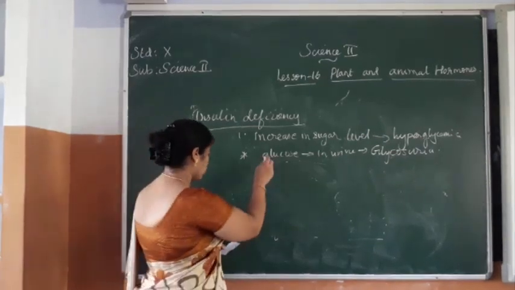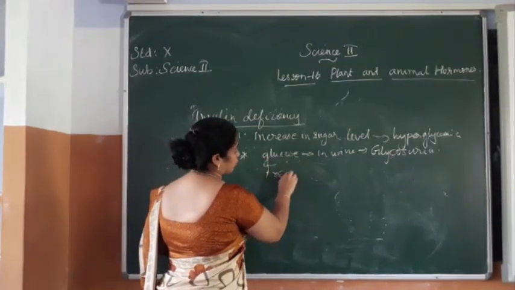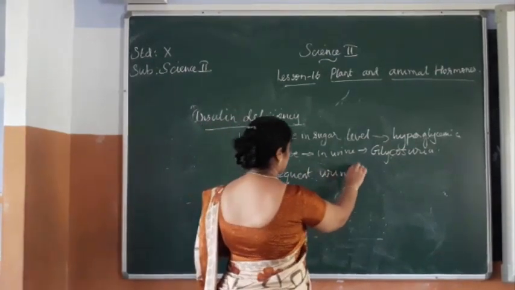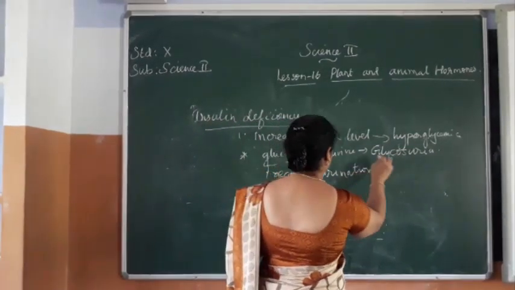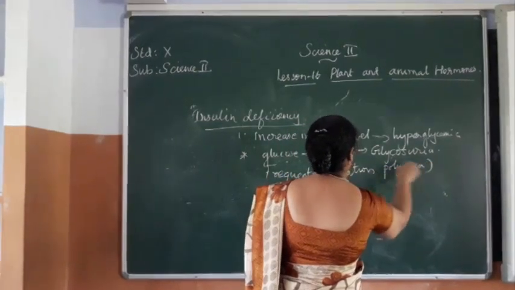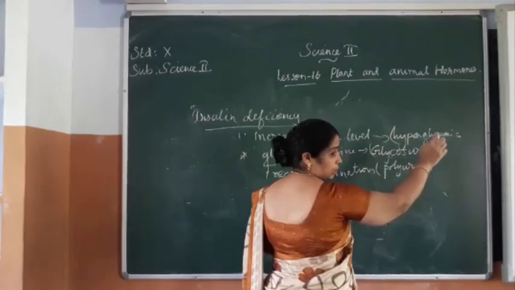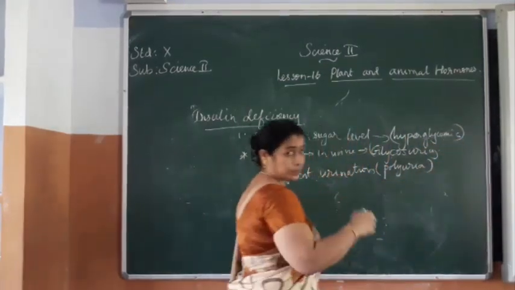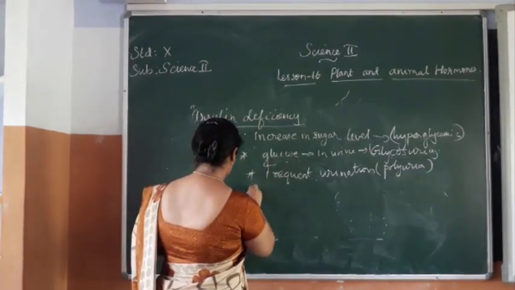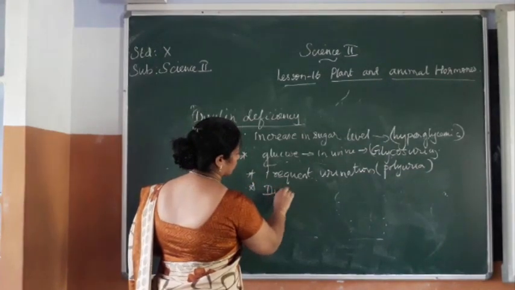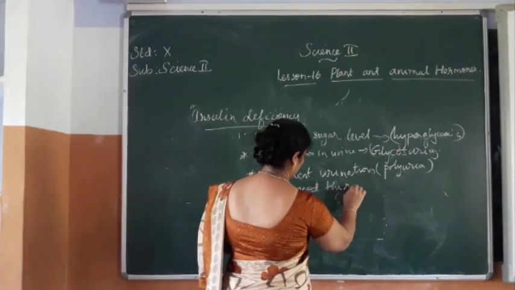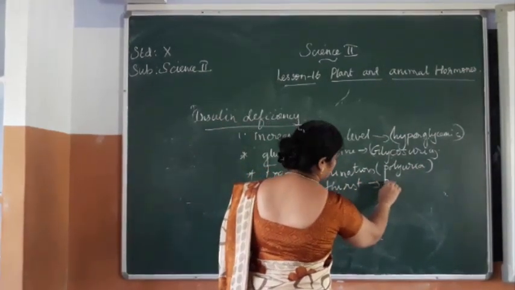The next one, frequent urination, is known as polyuria. These are the terms given for these conditions. Then the next one, increased thirst, is polydipsia.